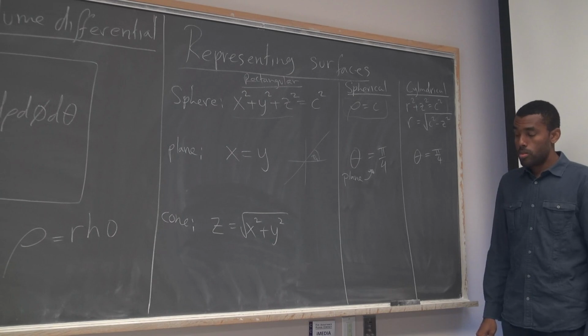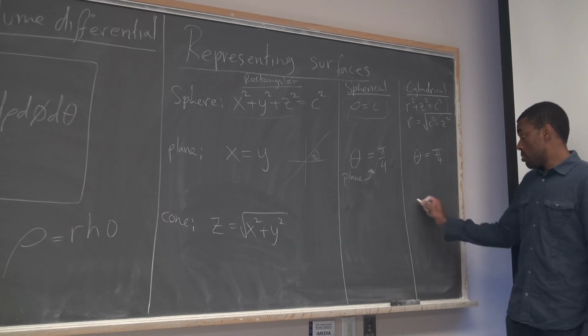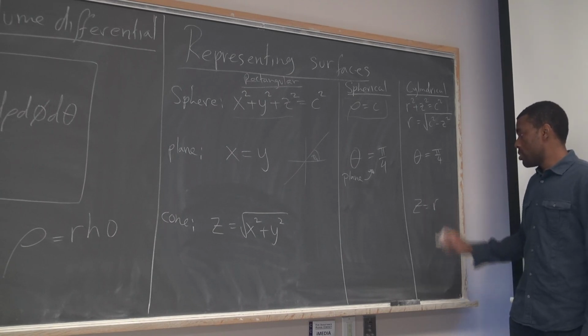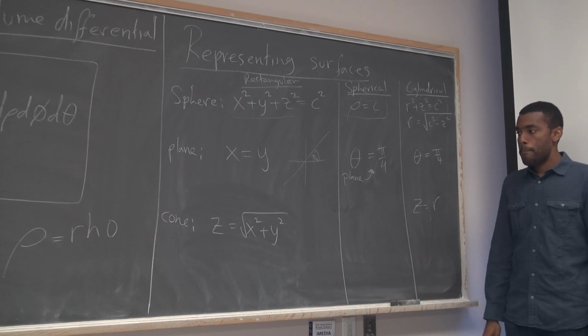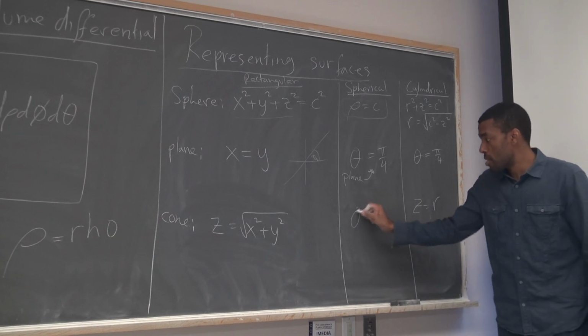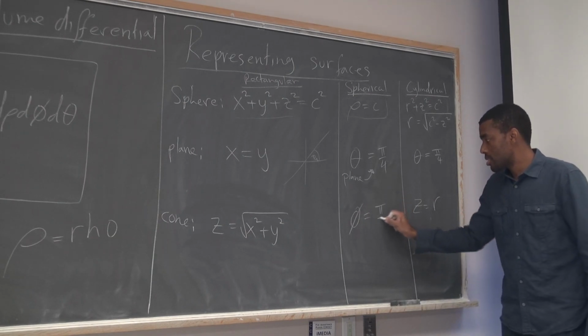Yeah, z equals r. Can I use that to get an answer here? Phi equals pi over 4 would be the answer.